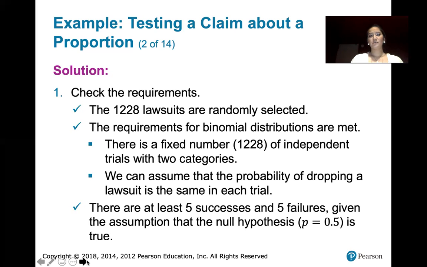If that's true, and we have 1,228 lawsuits, then we would expect 614 of them to be successes and 614 of them to be failures. Well, it's definitely at least 5 successes and at least 5 failures. So that's satisfied, which means that the normal approximation to a binomial distribution is appropriate, which also means that the normal approximation to the sampling distribution of sample proportions is appropriate.